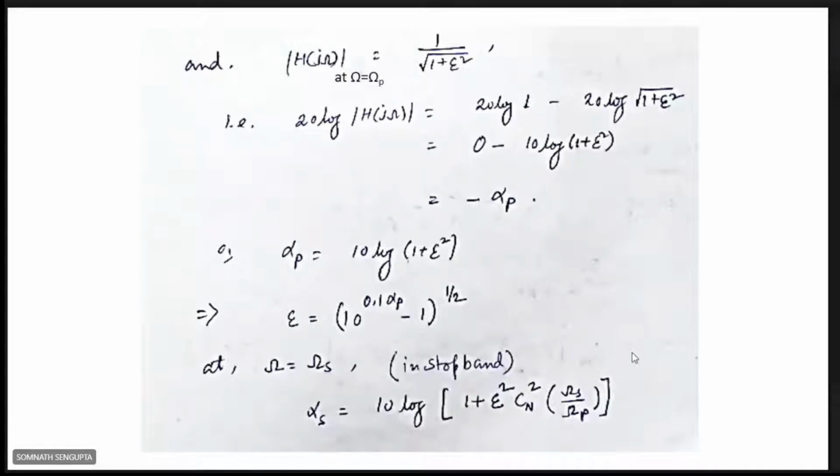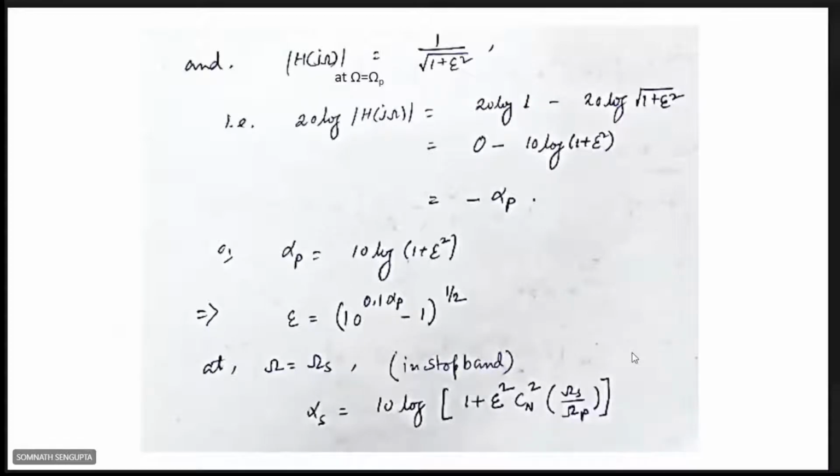Alpha s is 10 log of 1 plus epsilon square Cn square of omega by omega p, because it is 20 log of this much, which will give you alpha s, 20 log of the magnitude of H(j omega) at omega equal to omega s. So alpha s is now this one, and at omega s we can get the value of alpha s.